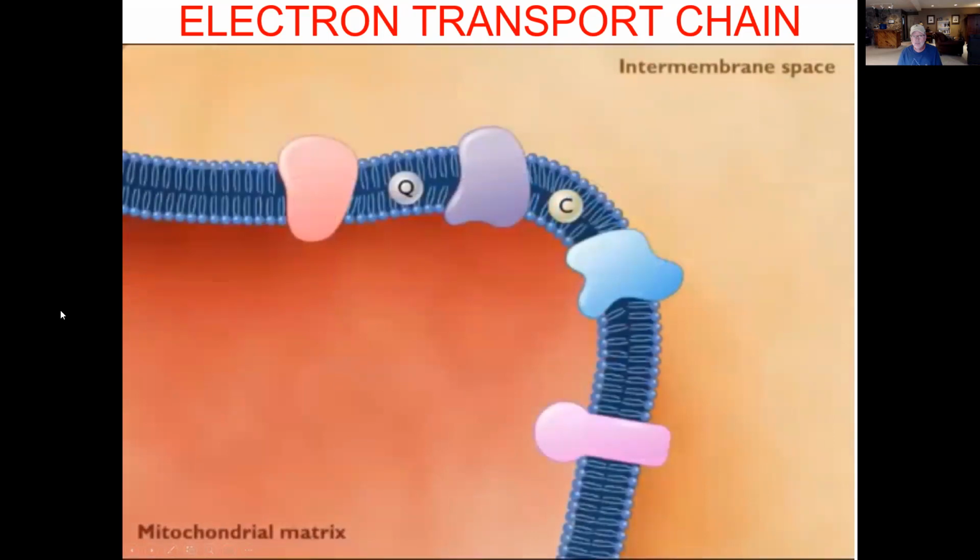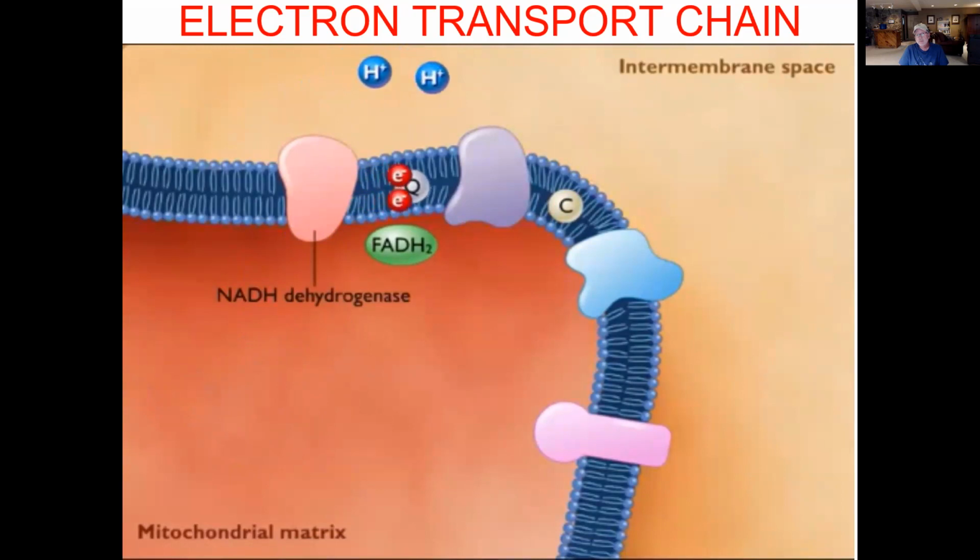When glucose is oxidized during glycolysis and the Krebs cycle, the coenzymes NAD+ and FAD are reduced to NADH plus H+ and FADH2. In the mitochondria, the electrons from NADH plus H+ are transferred to the electron carrier proteins, and the protons are transferred across the membrane.